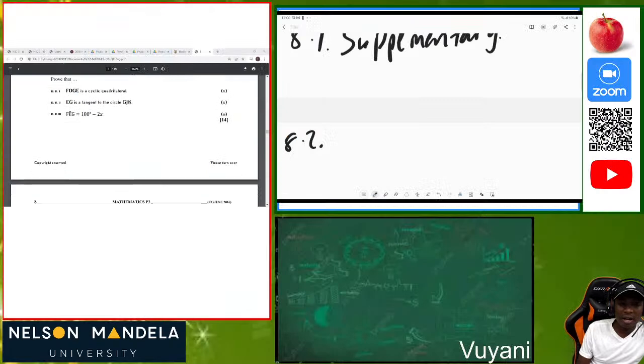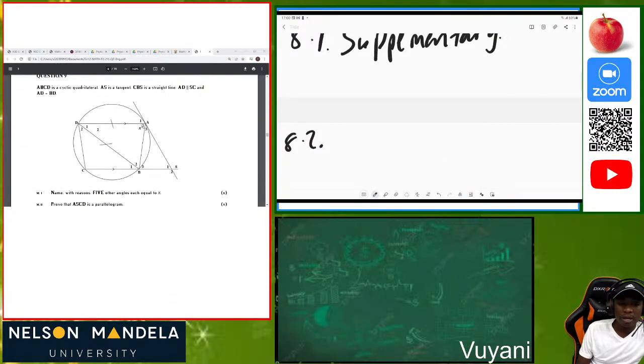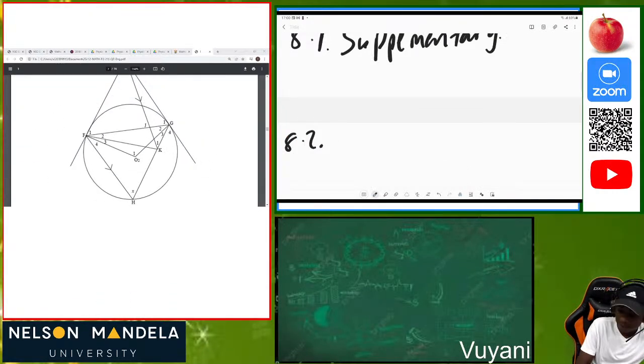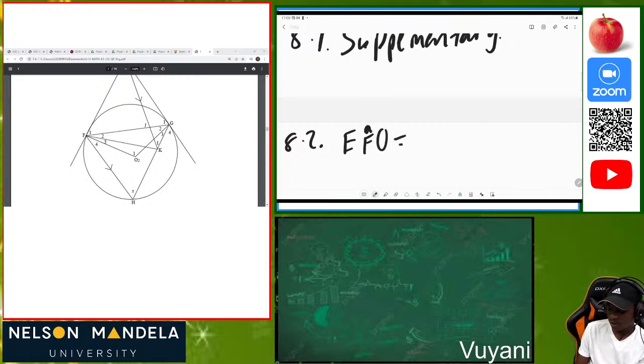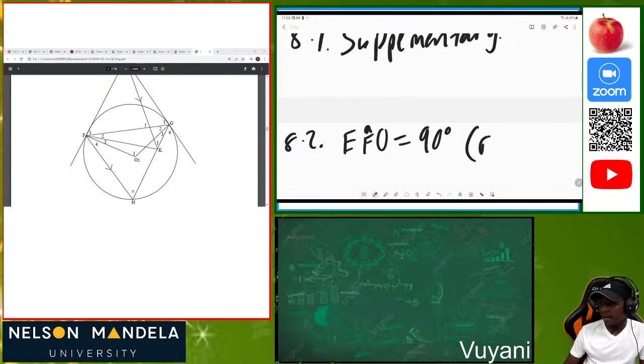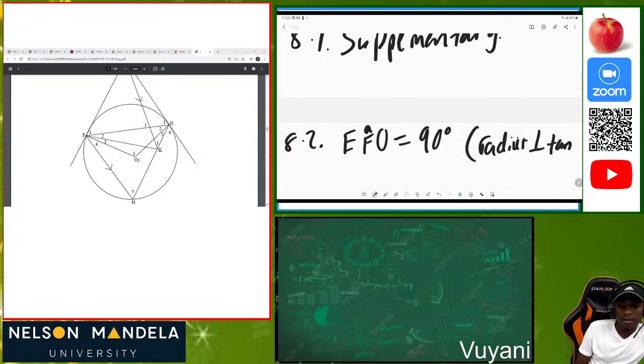That's not hard. Now we can see that angle EFO is equal to 90 degrees. The reason is radius perpendicular to the tangent.